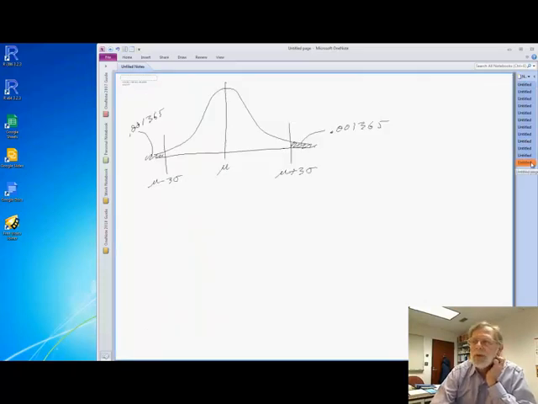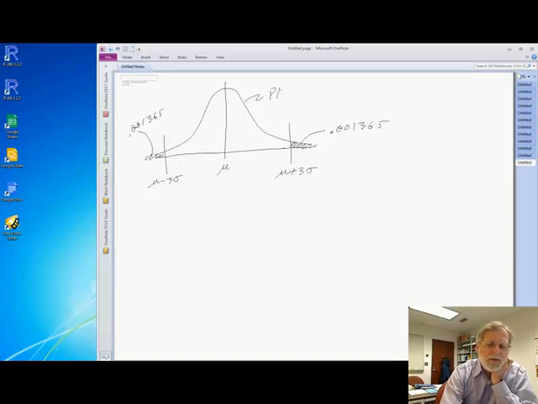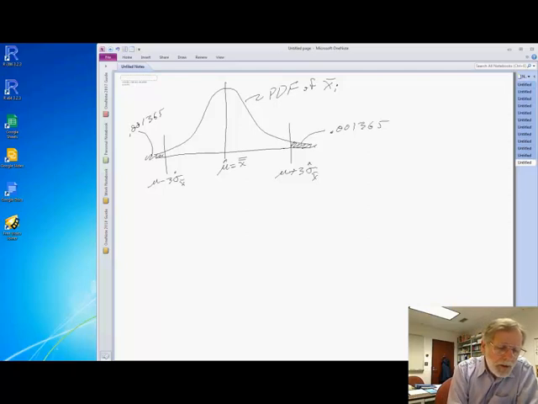Fast forward to this picture, and let's say this is the PDF of x bar i. If so, then mu hat is x double bar, and sigma becomes sigma hat x bar.